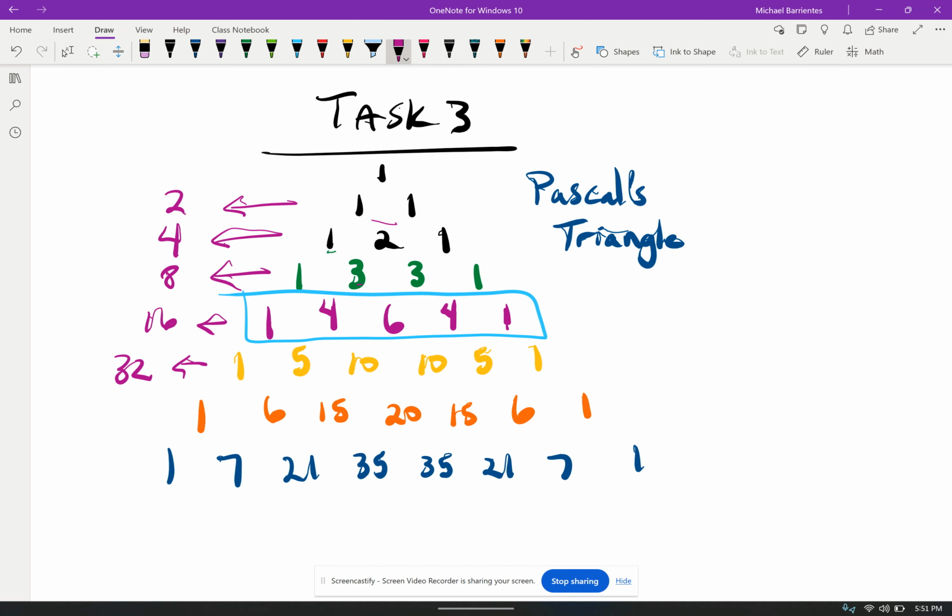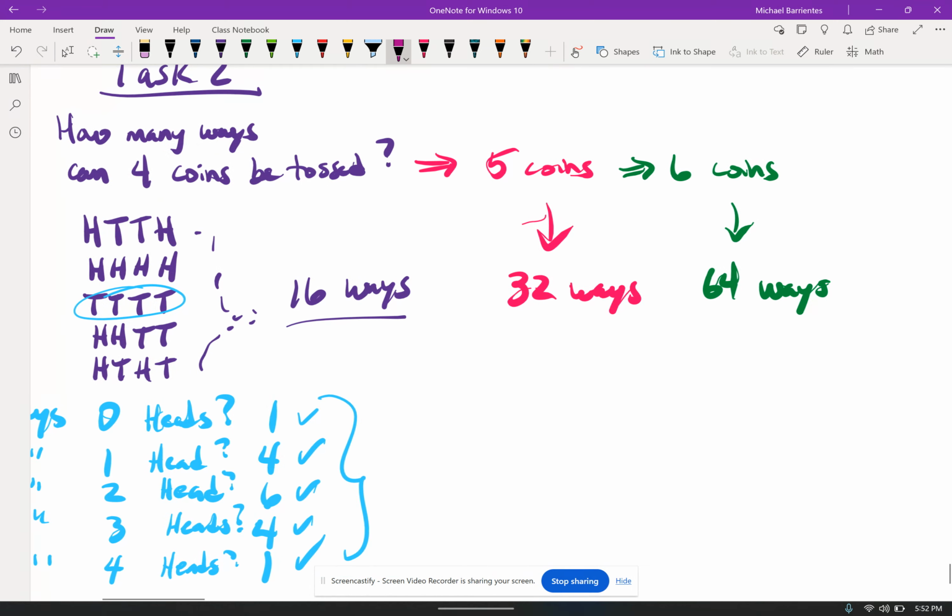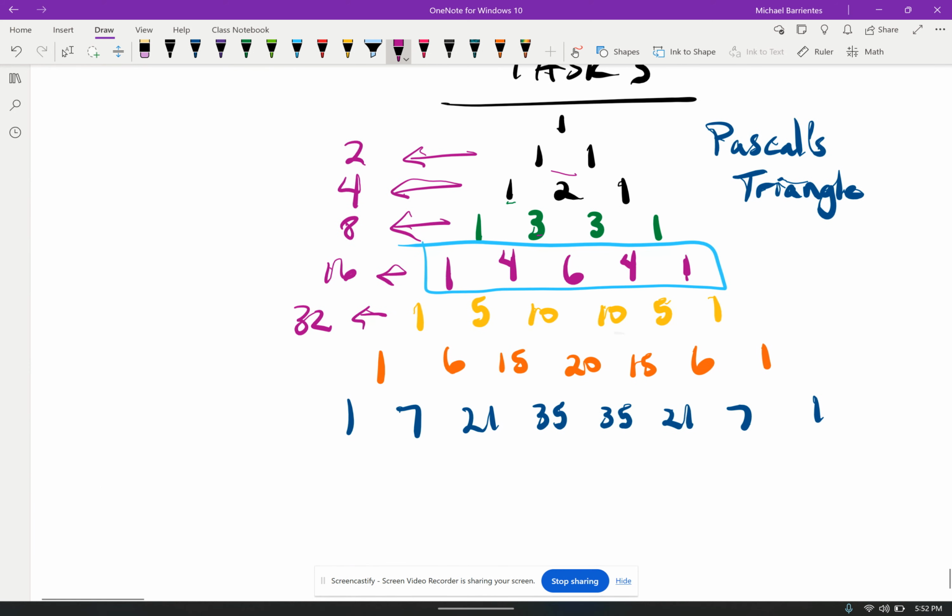Every time I go down another row, the sum of the numbers in that row doubles, doubles, doubles. Now that has something to do with something I mentioned over here, which is if you increase the number of coins, the number of ways increases by doubling as well. Is it the same number? 5 coins, 32 ways. Row number 5, the sum is 32.